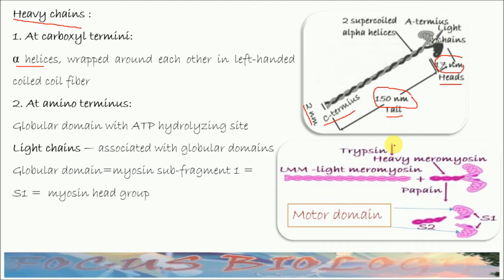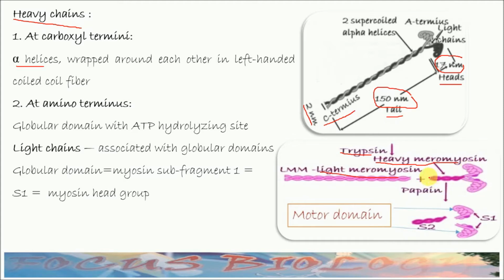When we treat this myosin molecule with trypsin, then this myosin molecule breaks down into two fragments. One is called LMM, light meromyosin, this region, and this one is called HMM, heavy meromyosin.